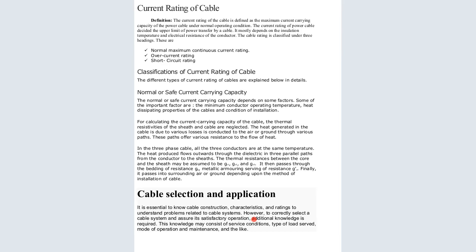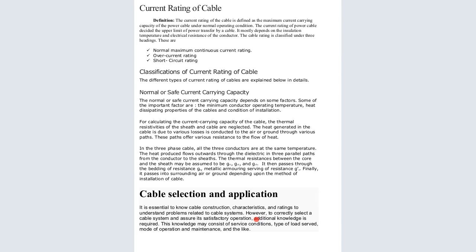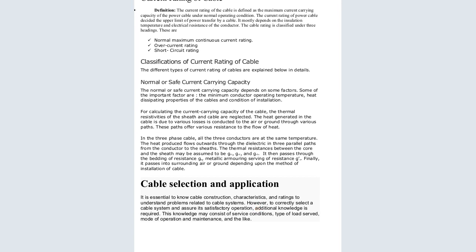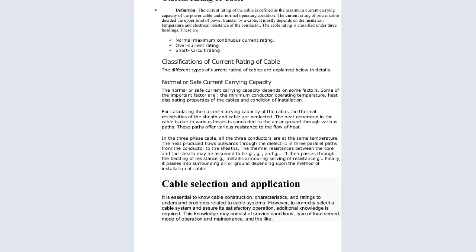The heat produced flows outwards through the dielectric, three parallel paths, and the sheath may be assumed to be the grouping G, C1, C2, and C3, then passes through the bedding resistance GB, which is the metallic armoring serving as resistance. So finally, it passes through the surrounding air or the ground, depending upon the method of installation of the cable.